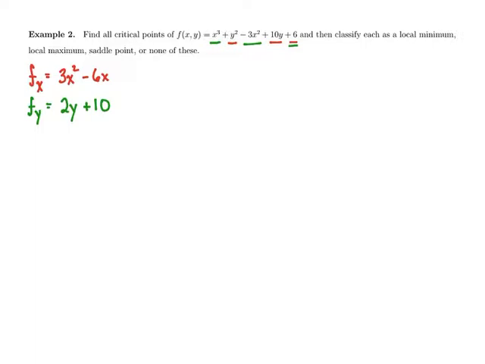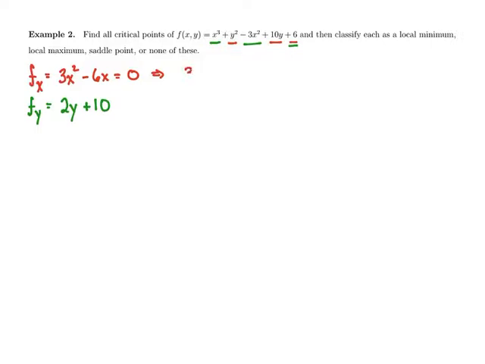So now we are going to set both of these functions equal to 0 and find all points that satisfy both equations. So let's start with 3x squared minus 6x equal to 0. If we want to solve that equation, we can use the quadratic formula, but more importantly, we can factor that left-hand side.